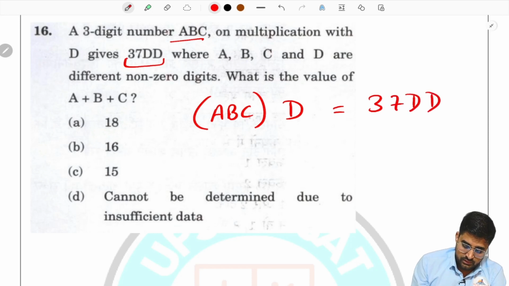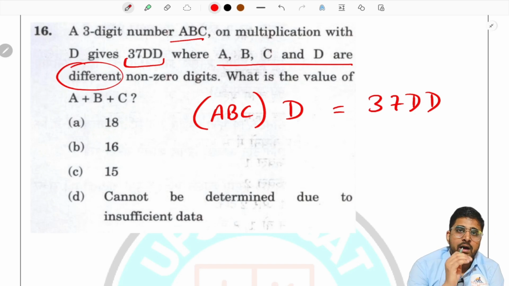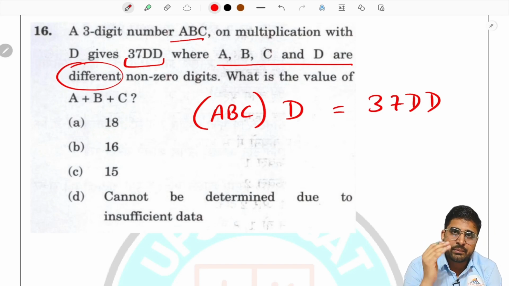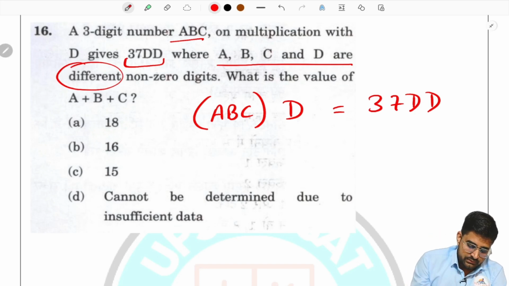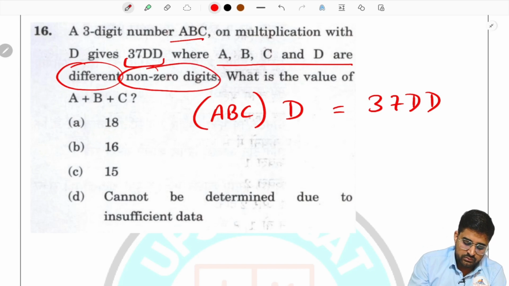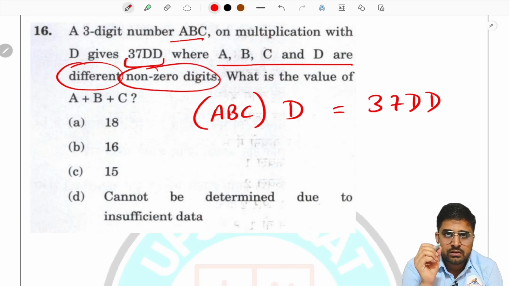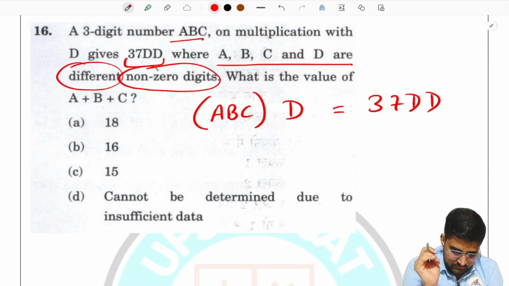Where ABC and D are different, non-repetitive, and non-zero digits, meaning 0 is not allowed, and second, they should not repeat. What is the value of A plus B plus C?